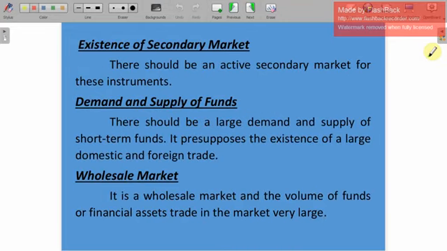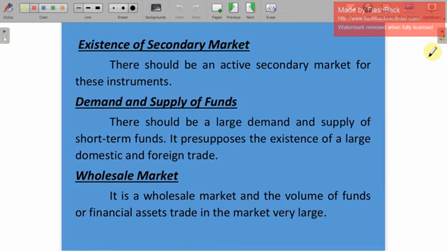And existence of a secondary market. Actually, the money market doesn't have any secondary market, but there is a need for one. Next, demand and supply of fund. There should be a large demand and supply of short-term fund.